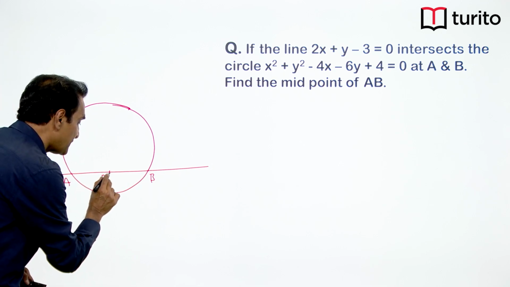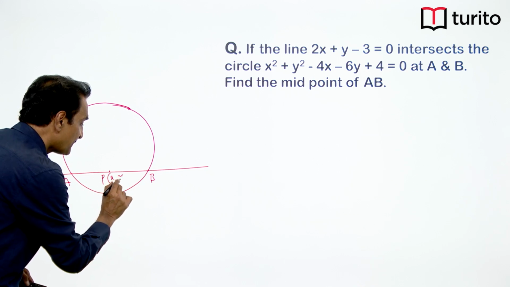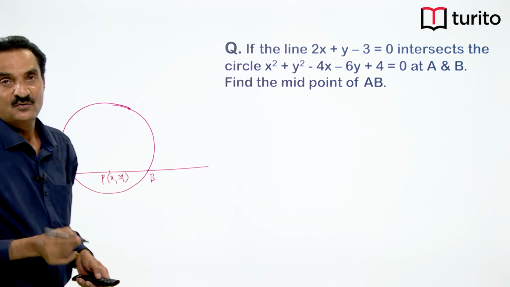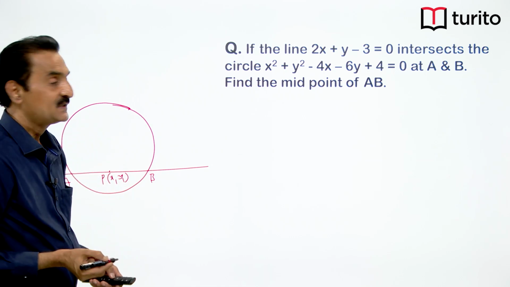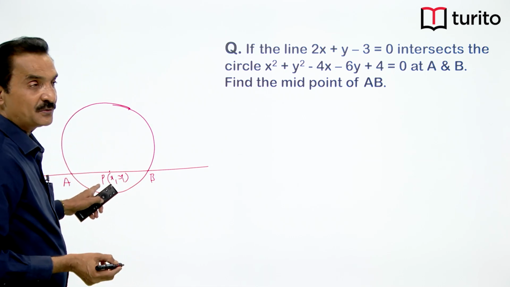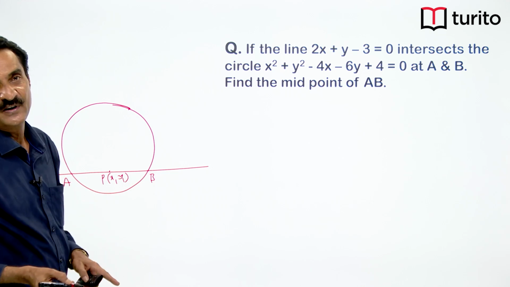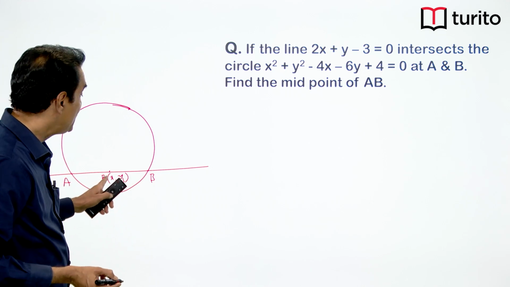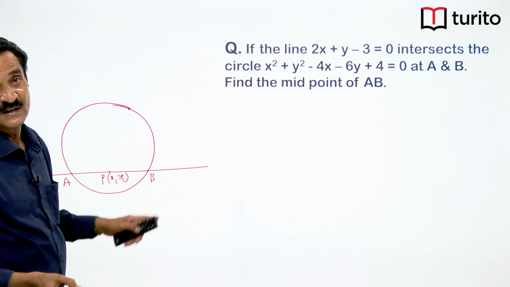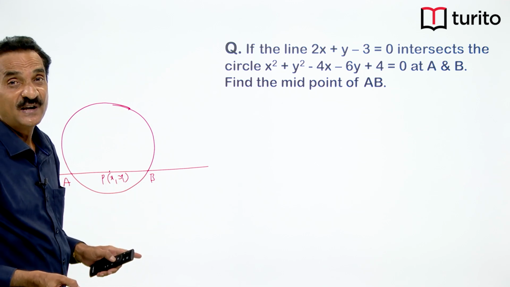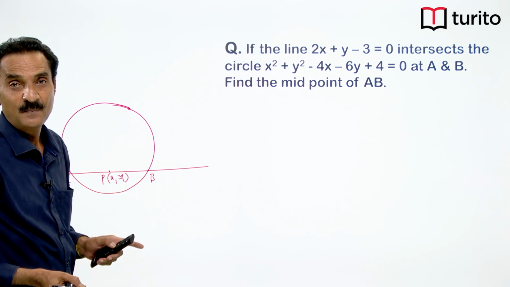For finding the midpoint of AB, there are 2 methods. One is, first you take the midpoint as P(x1, y1) and write the equation of the chord of the circle having midpoint at P(x1, y1). What is the formula?